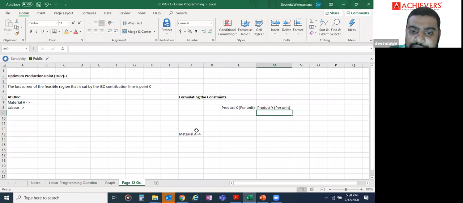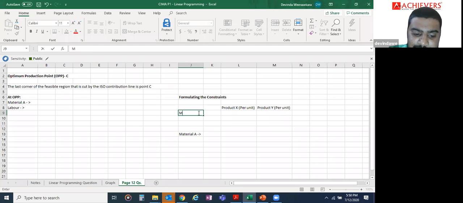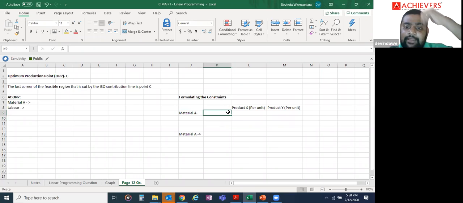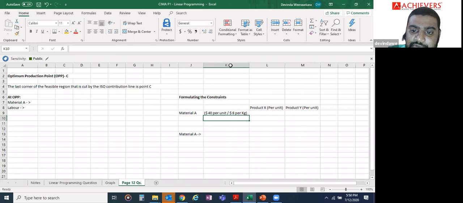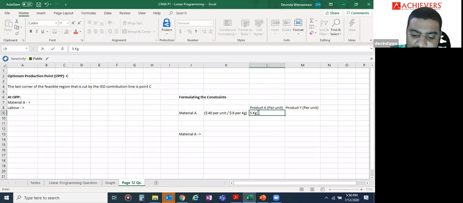So 1 unit of X, 1 unit of Y. Material A. To produce 1 unit of product X, how many kilos of material A do we have to use? The cost is $40 per unit, divided by $8 per kilo. So that means 5 kilos per unit.